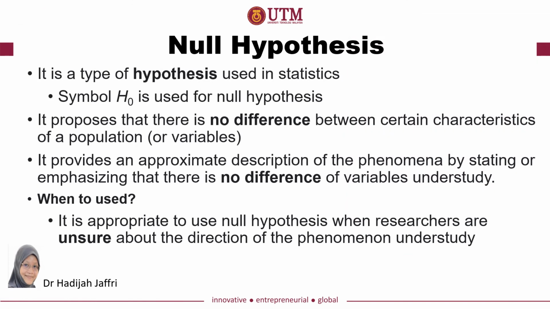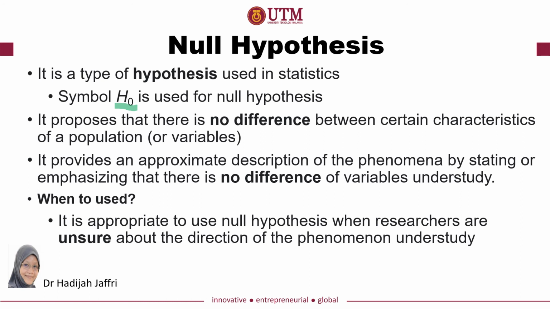For hypotheses, there are two types. One is called the null hypothesis. The symbol used is H with a zero subscript, H0. The null hypothesis is used as a proposition or assumption when there is no difference between certain characteristics of a population.